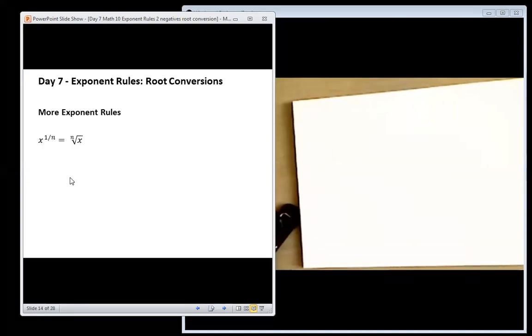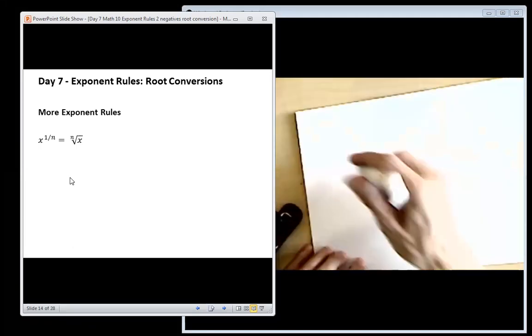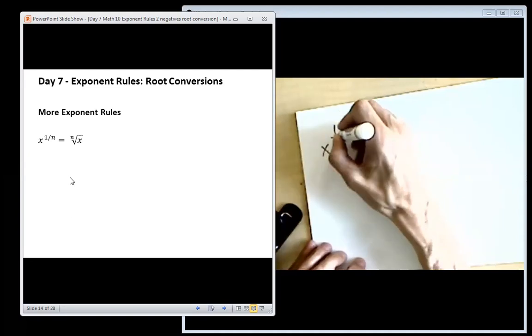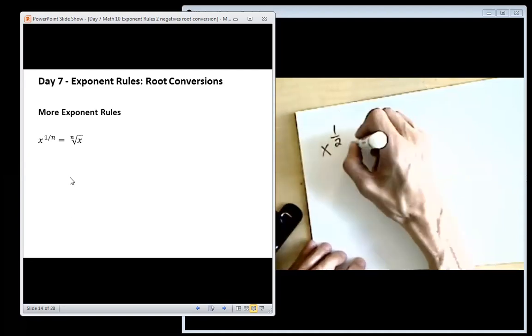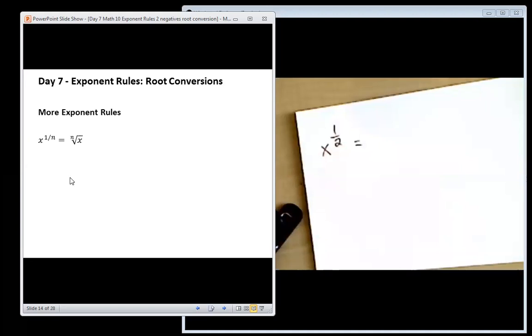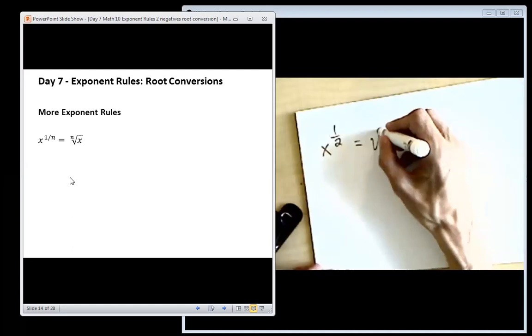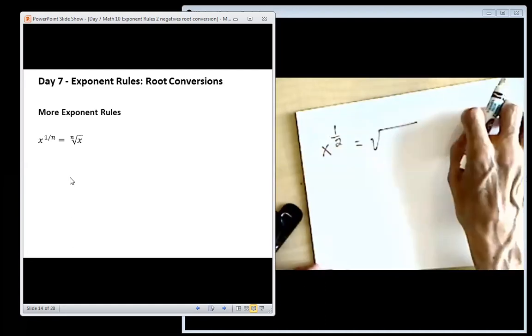Look at that. Up in the exponents, you might have a fraction up there. Might be a half, for example. They've got n in there just to be math-like, right? Whatever number is on the bottom ends up being part of the radical, part of the root.